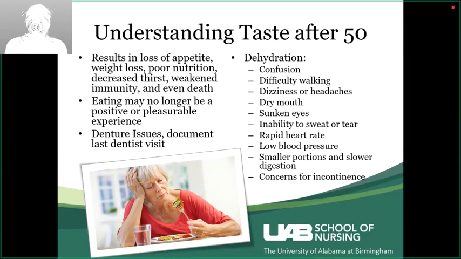So another thing that happens is they're not as thirsty. So if they become dehydrated, then you might find that they are confused, have difficulty walking, they're dizzy, they may have headaches or dry mouth, even sunken eyes, no sweat and no tears. Well, the heart's going to try and circulate that fluid, and so it's going to speed up.